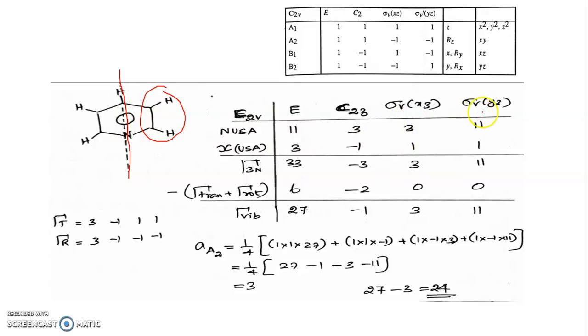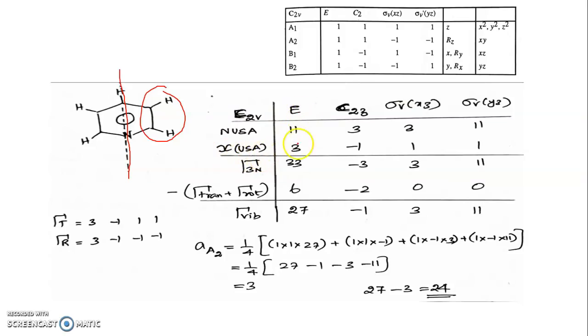Then sigma v yz, the yz plane is the molecular plane, so the plane passes through all the atoms, and if you do reflection, all the atoms remain as such, so the number of unshifted atoms is 11. Whenever you keep a plane passing through all the atoms in the molecule and do reflection, all the atoms remain in the same position. Are you clear?